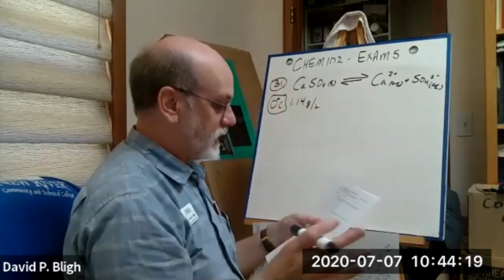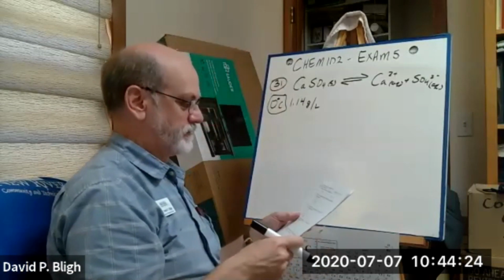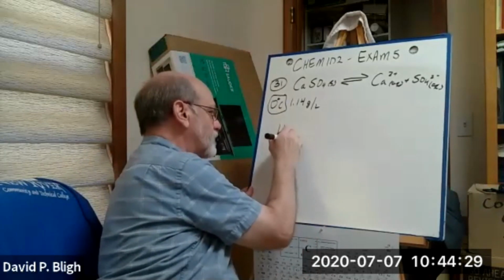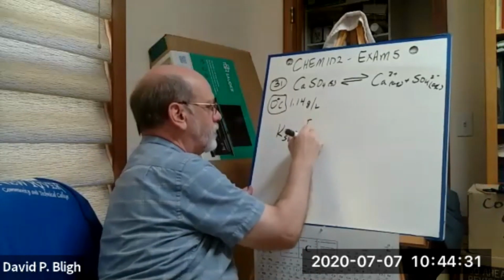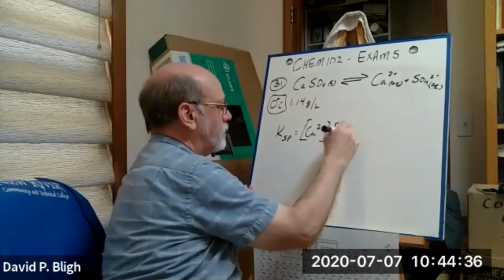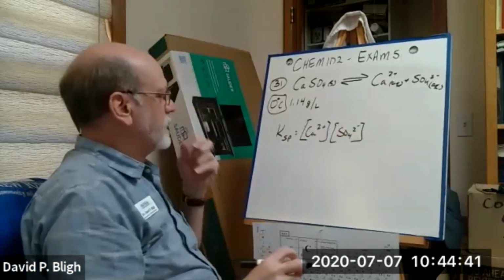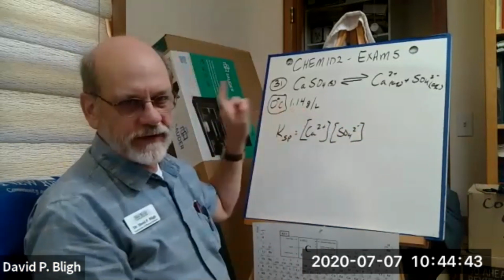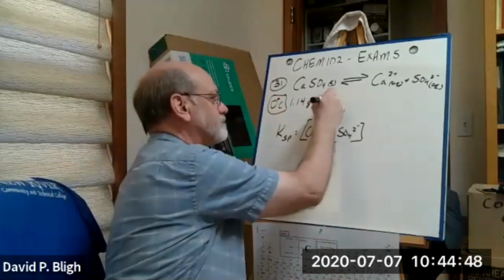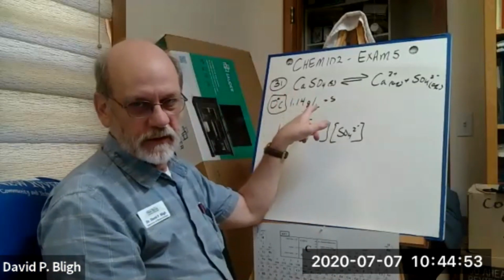Okay, that's all we're given. And then the question is, what's the solubility product? So the solubility product is going to be this, right there. So we're given this. So what is this? This is S, but it's in the wrong units. So we need to convert that to moles per liter.